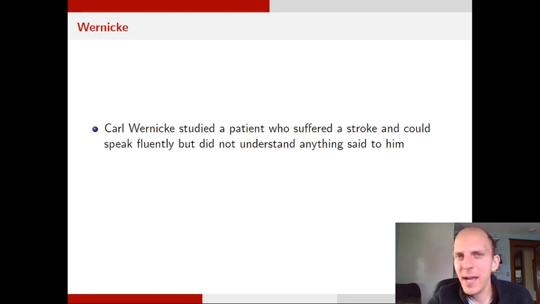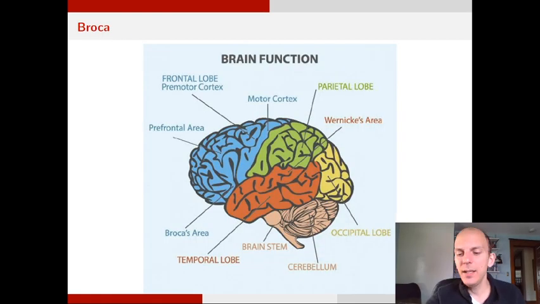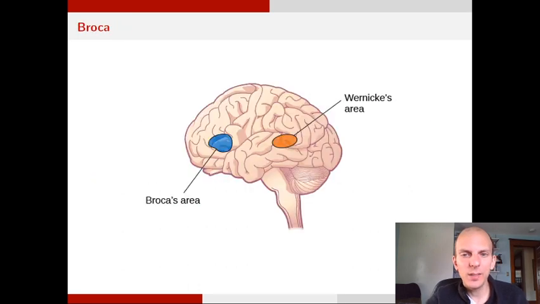They wouldn't follow commands, truly, maybe a little bit, but not the amount of understanding that Broca's patient exhibited. And so it was seen that here was another linguistic area. Here's where the stroke in Wernicke's patient happened, which has now become known as Wernicke's area. So we have Broca's and Wernicke's area.